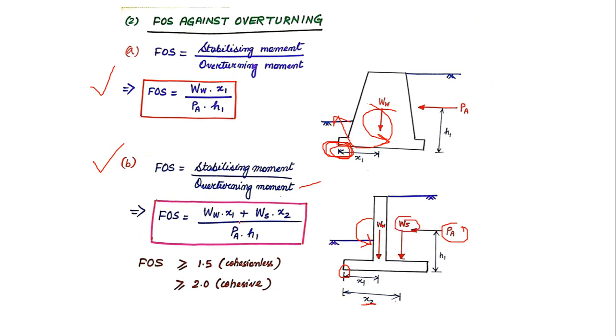This is what I have written in the numerator. So this is the factor of safety against overturning for a cantilever retaining wall. The factor of safety for overturning in a cantilever wall as well as a gravity wall should always be greater than 1.5 if your soil is cohesionless, and greater than 2 if the soil is cohesive in nature.